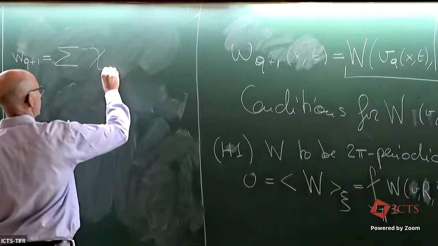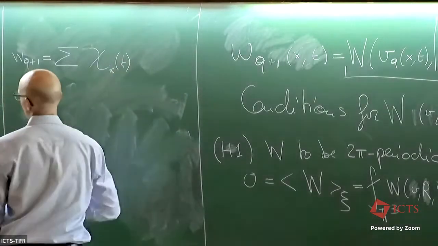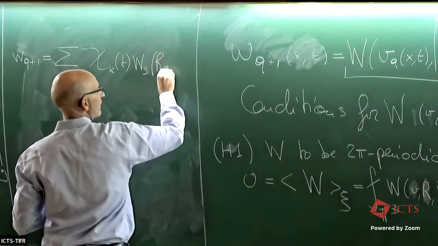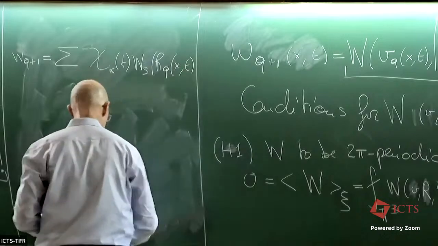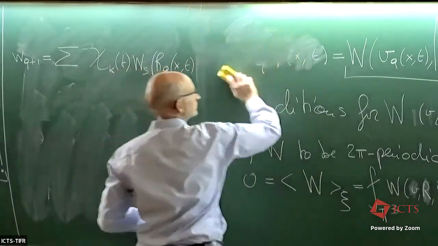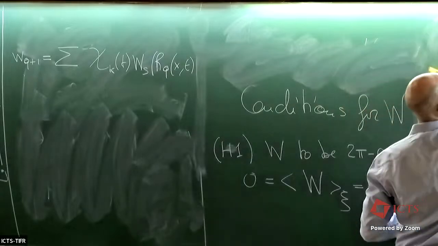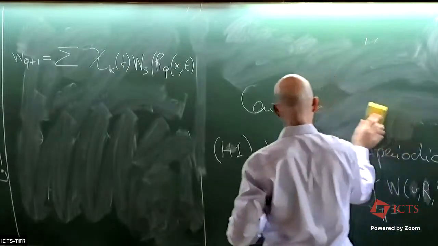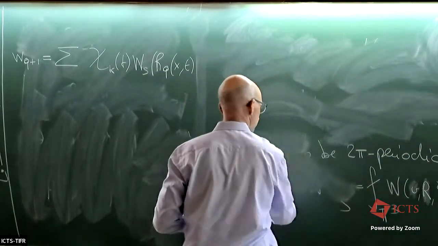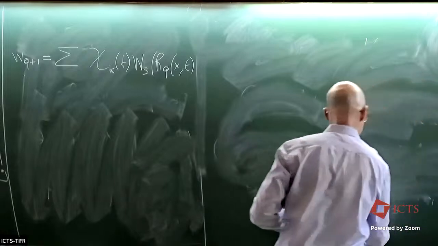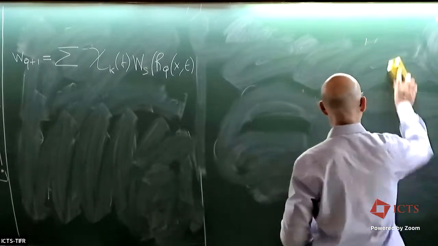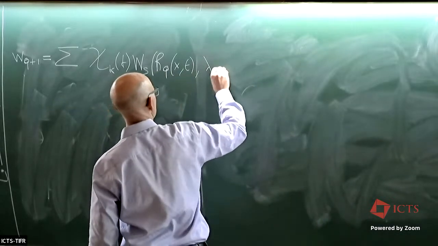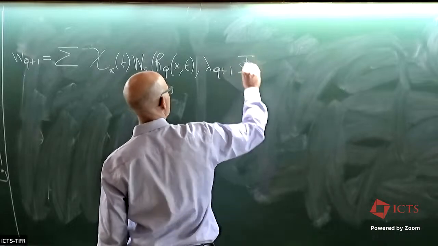So a partition of unity in time. And then I'm going to have W_s R_q of x, t. And then I'm going to put here lambda_{q+1} phi_q of x, t.